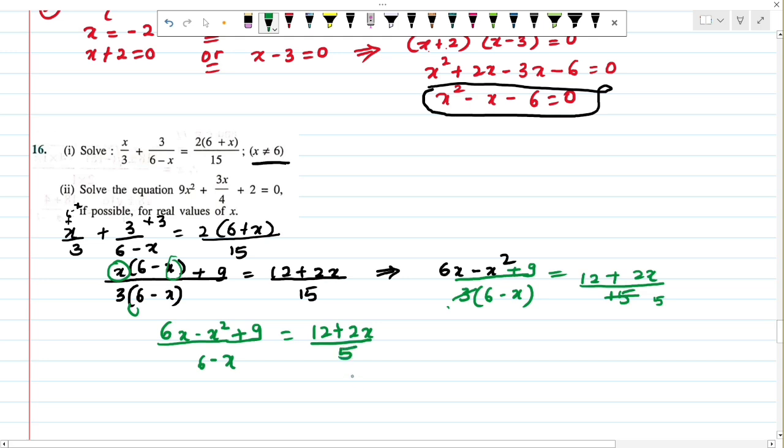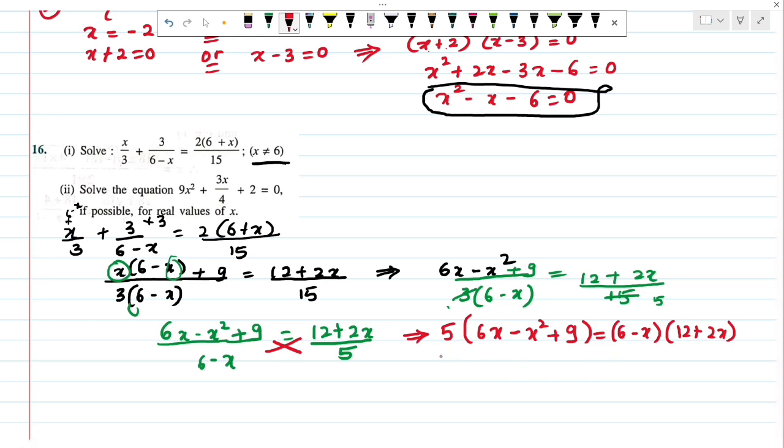So now I'll cross multiply them. This 5 into the numerator term, that is 6x minus x squared plus 9, equals this (6 - x) into (12 + 2x).